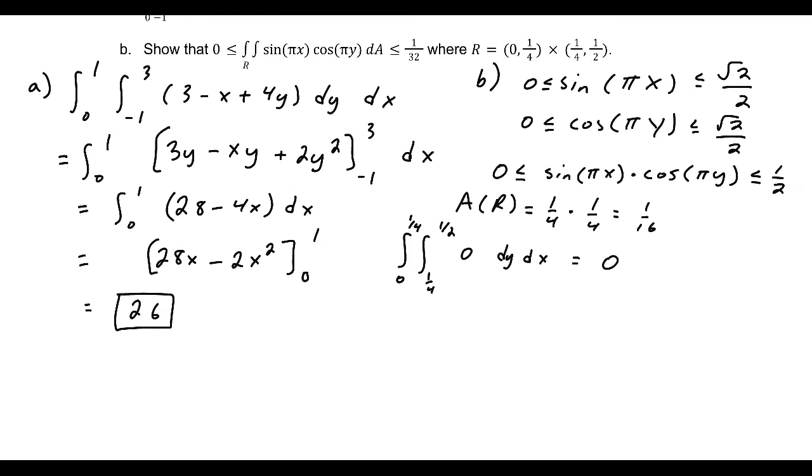To find the upper bound, we want the integral from 0 to 1/4 with respect to x of the integral from 1/4 to 1/2 with respect to y of the function 1/2, because that was our upper bound of our inequality.